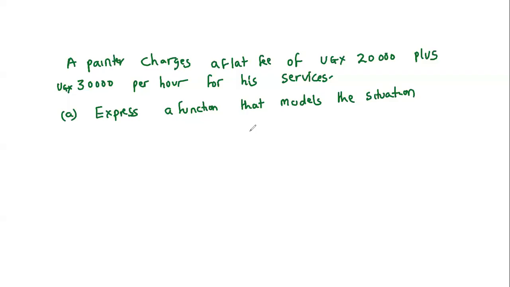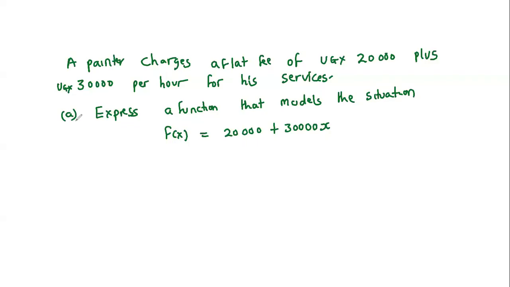Okay, from the chat, I've seen an answer from AA, and the answer is f of x is equal to 20,000 plus 30,000 of x. Very good. That is correct.